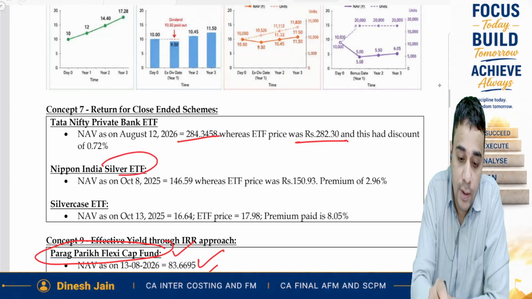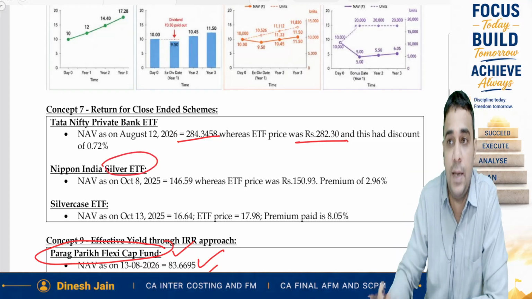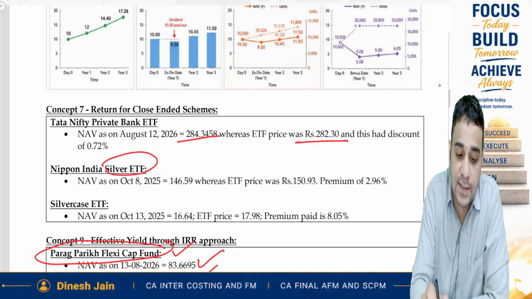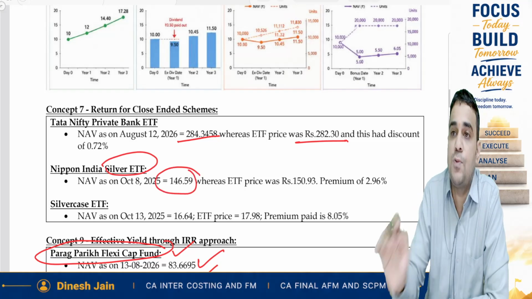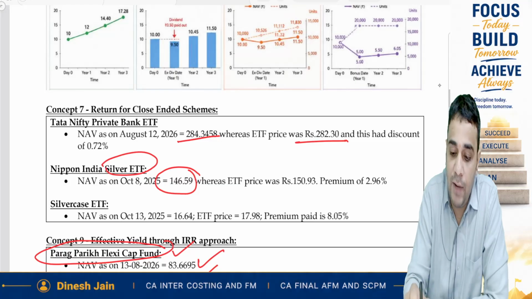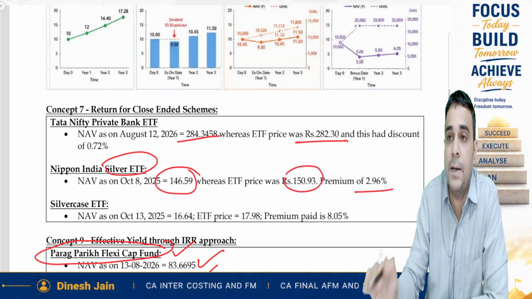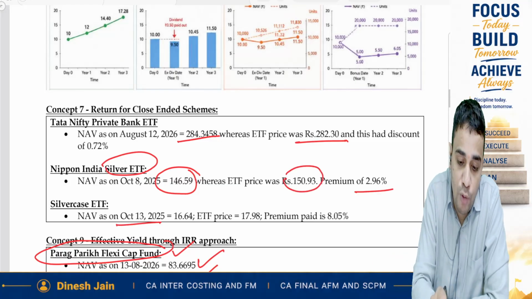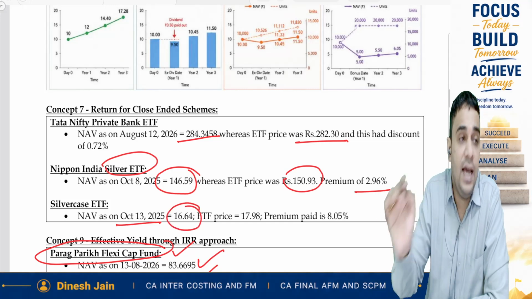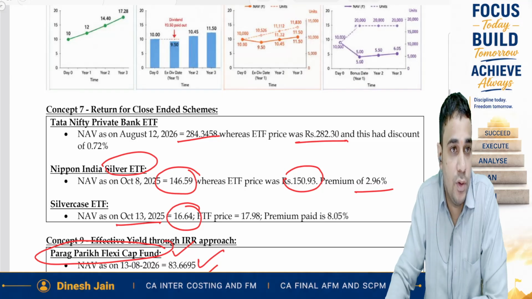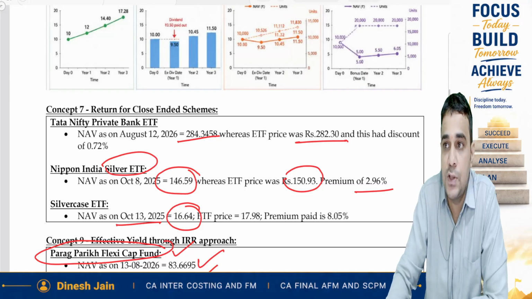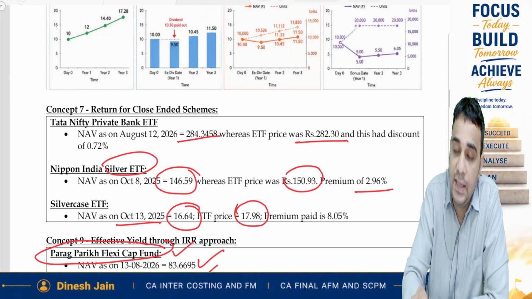Silver had a huge rally sometime back, and this is a classic example. 146 was the NAV, but people were paying 150, an extra 3%. Same silver on October 13, the real value, the NAV, is 16.64, but people were paying 17.98.